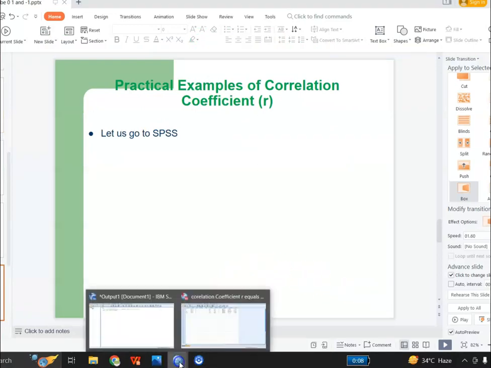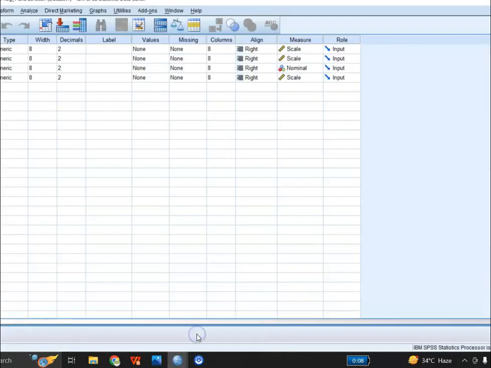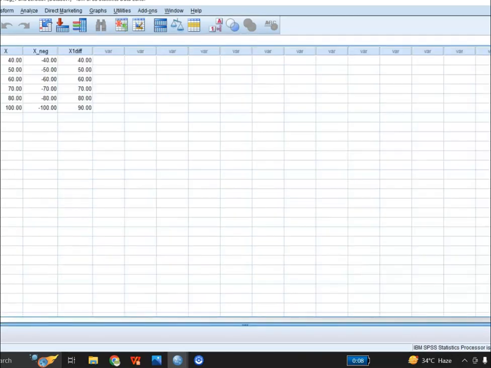So I am going to open that data, and here is the data. So in this file, I have a number of variables x and y. So let me make it visible to you.